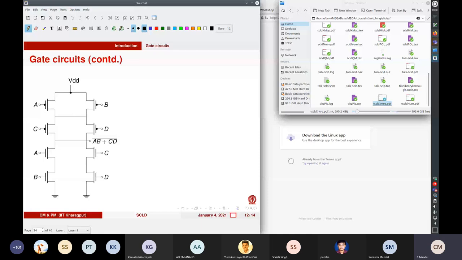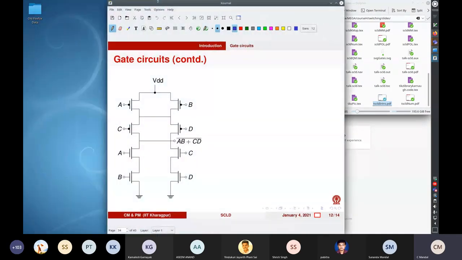What we said last time is that your circuit can basically be split around the output. Okay, this is the output. Let me just redraw this. So it can be split around this output line.